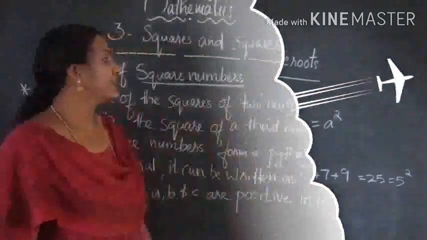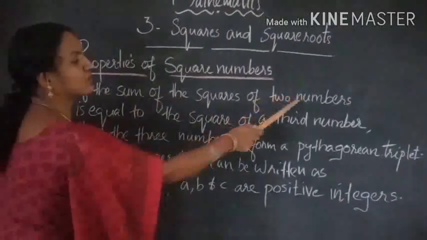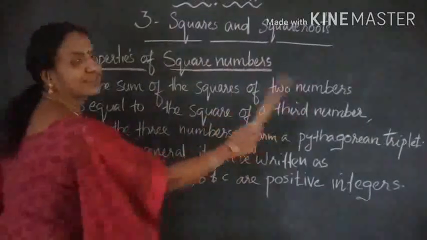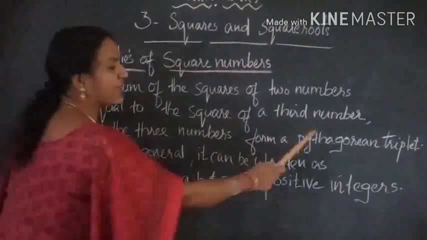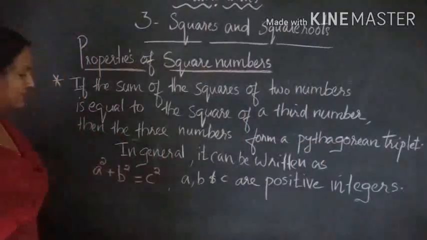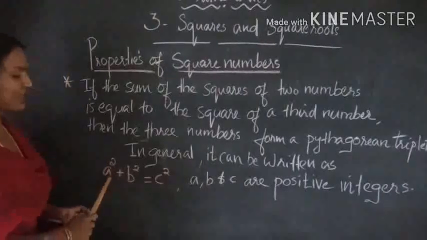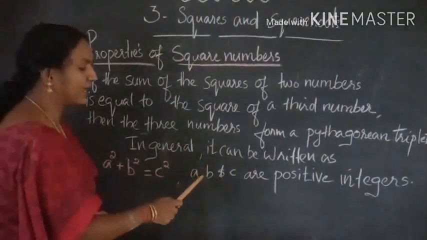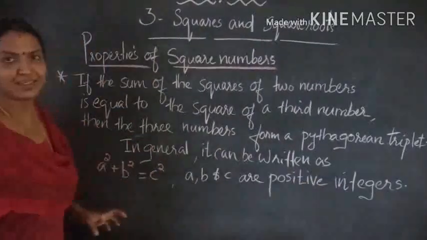Okay. Next property: if the sum of the squares of two numbers is equal to the square of a third number, then the three numbers form a Pythagorean triplet. In general, it can be written as a square plus b square is equal to c square, where a, b and c are positive integers.